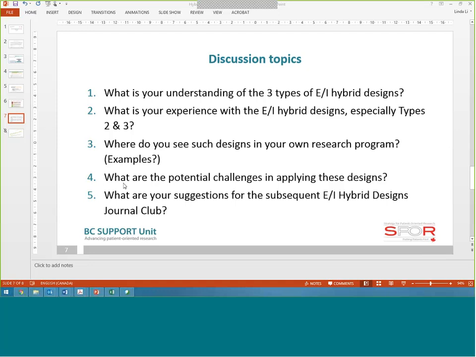There's also concern that, because of their relative unfamiliarity with these designs, they want to ensure they are undertaking them and using them appropriately in the most effective way.